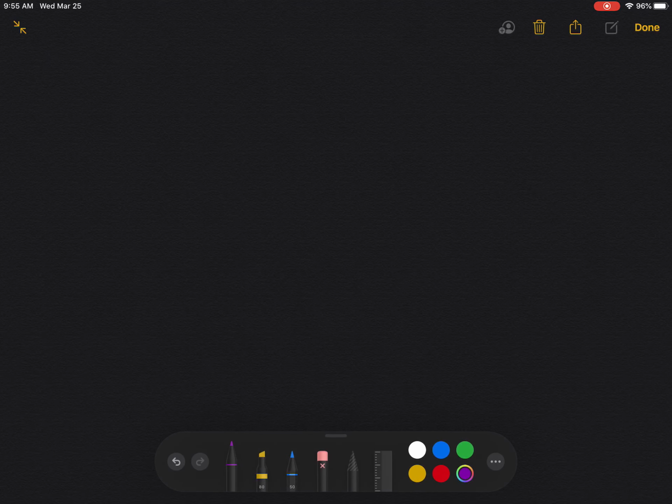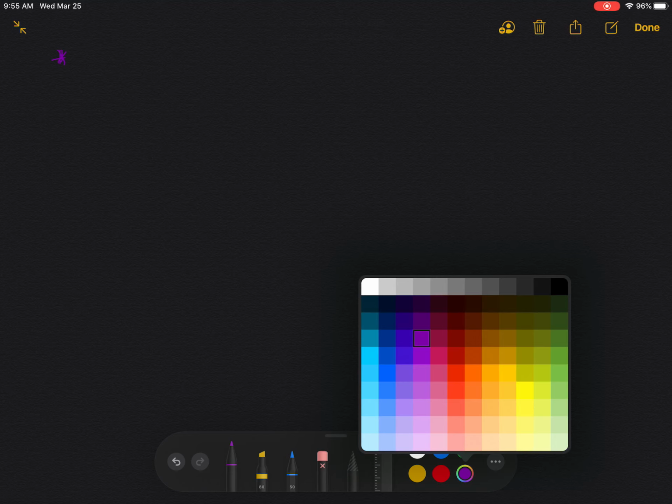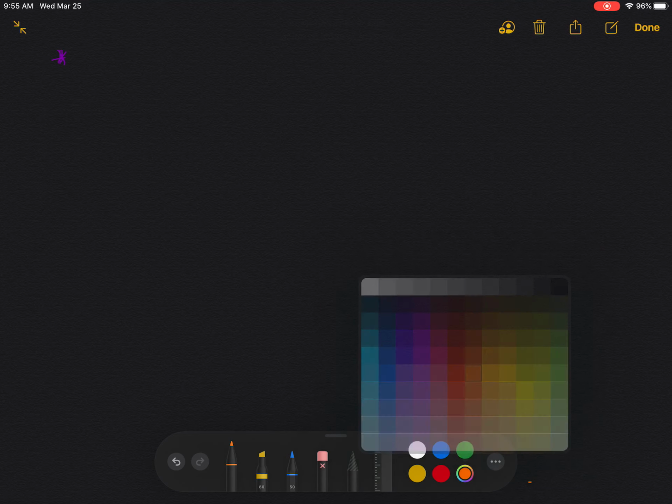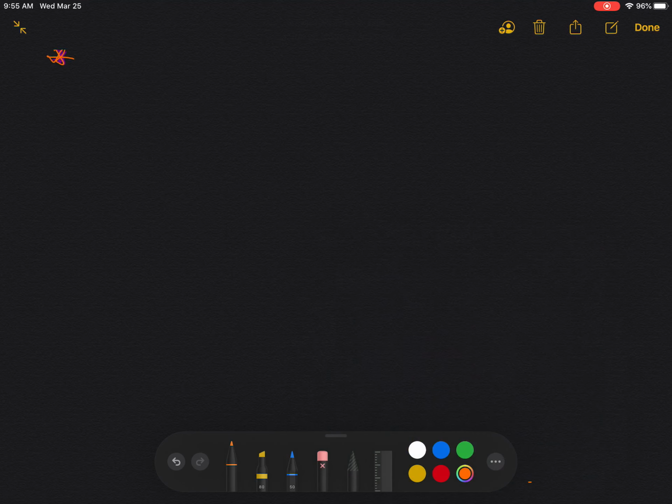Let's just go new really quick. We're gonna sketch it. The first thing, let's write down some of these limit rules. Let's change this color to something a little lighter. Let's go with orange.